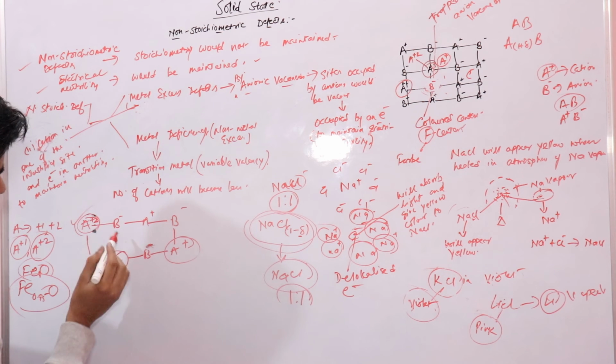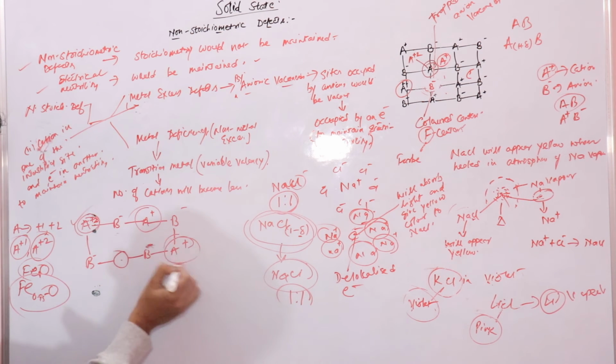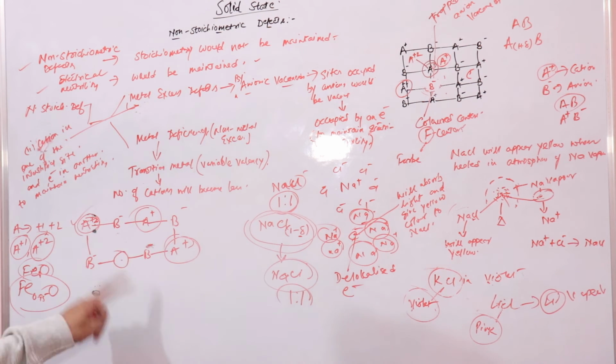Because this one is equivalent to these two. So this will remain vacant due to this divalent cation, because electrical neutrality has to be maintained, right? So due to metal deficiency, the compounds obtained are non-stoichiometric, right? And remember that this kind of defect is shown by transition metals that exist in multiple oxidation states, right?